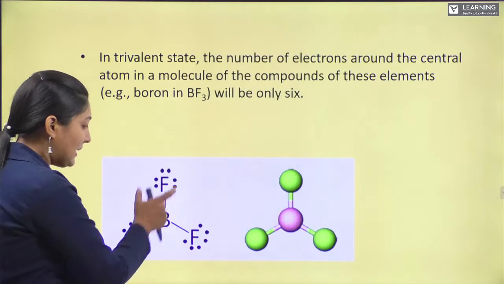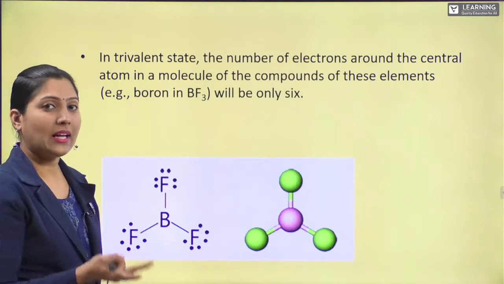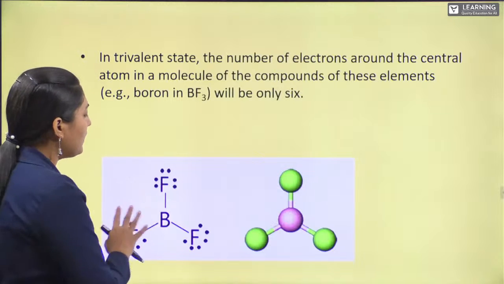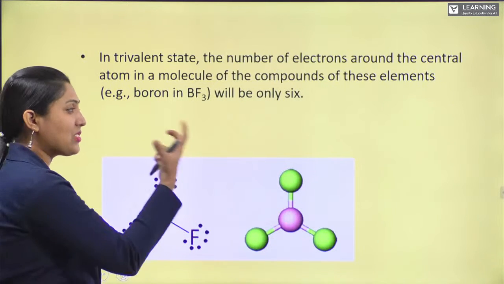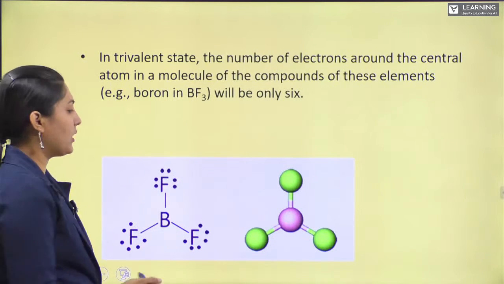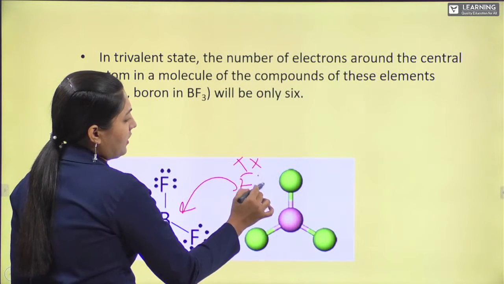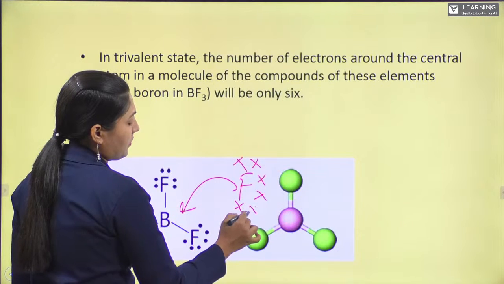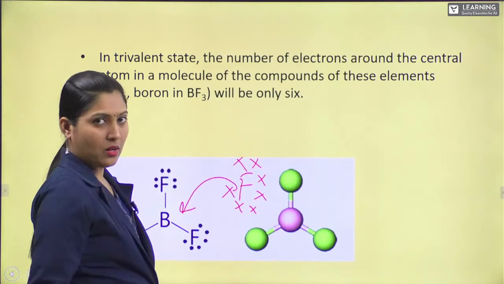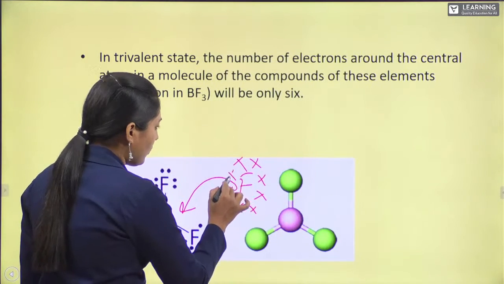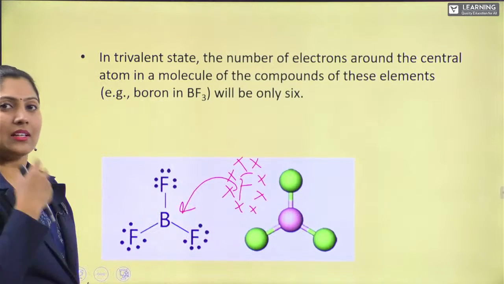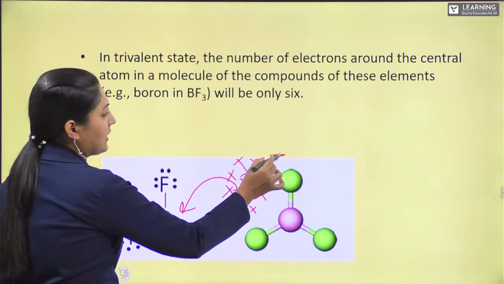But it has to get 2 more electrons, right? So what this does is that it attracts 1 more fluorine atom. But it is not an atom now. It is the ion which already had the electron from another and it is negatively charged.